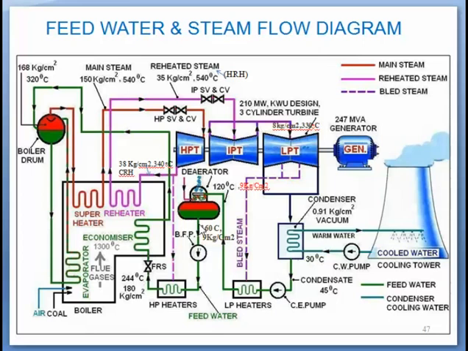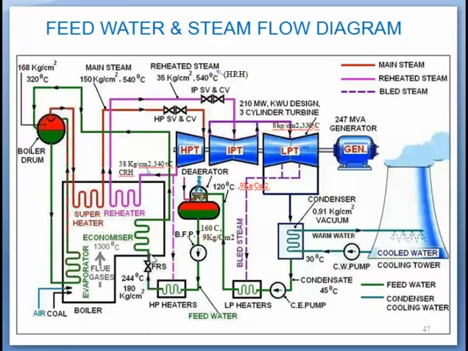From deaerator, the temperature of feed water becomes 160 degrees centigrade. When it is pumped by boiler feed pump, its pressure increases, and this 160 degree centigrade feed water goes through HP heater, where it takes sensible heat and its temperature becomes roughly 240-245 degrees centigrade, and in this pumping process its pressure also increases from 9 kg per centimeter square to 180 kg per centimeter square.